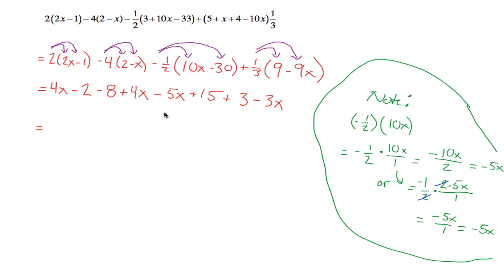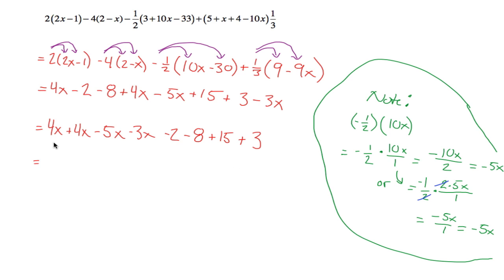You can combine like terms exactly how it's written now, but it might help to move some pieces around. We have 4x plus 4 more x from this guy, minus 5x from this guy, and minus 3x over here. And then we have minus 2, minus 8 from over here, plus 15, and plus 3.